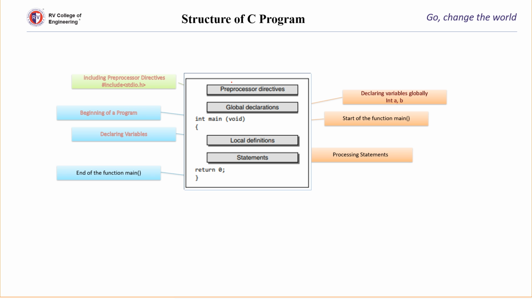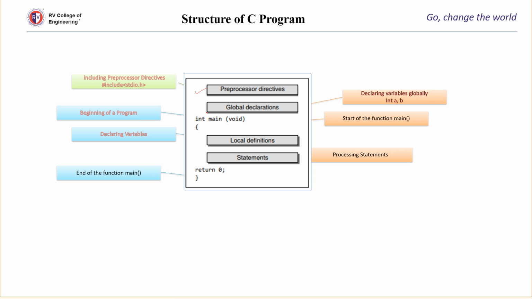Every programming language has its own structure. If you observe in C++ or in Java, we first write classes, then we create instances of those classes which are called objects. But in case of C, it is a procedural language, so we don't have any objects here. We straight away start with preprocessor directives.